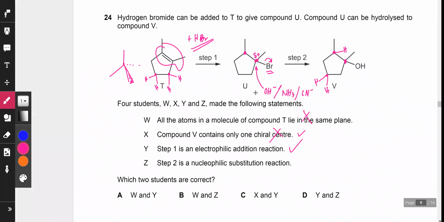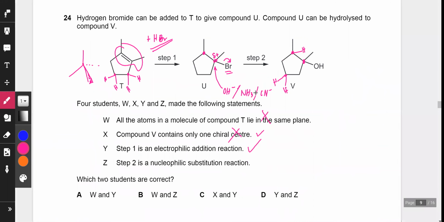And there was SN1 and SN2 mechanism. In this case, it's a tertiary halogenoalkane, so it's an SN1 mechanism where the Br would get knocked out first, and then the OH, NH3 or the CN would get attached. So Y and Z are both correct.